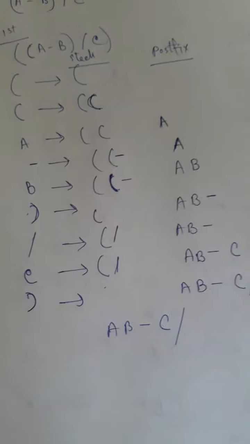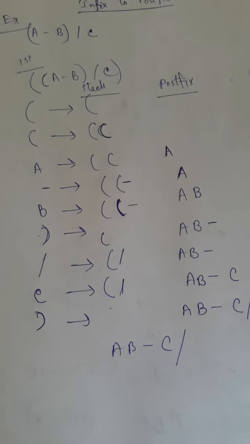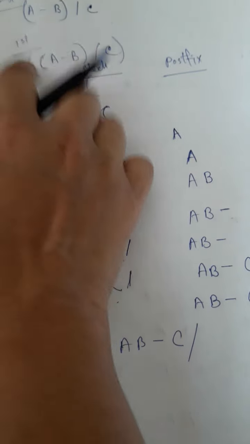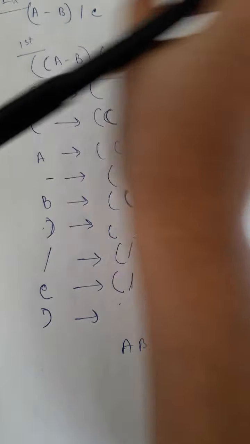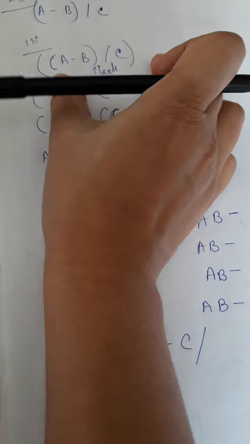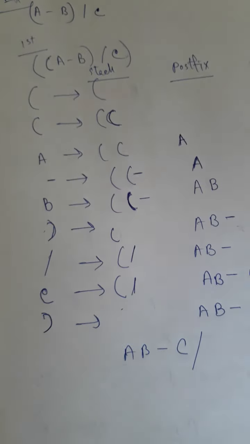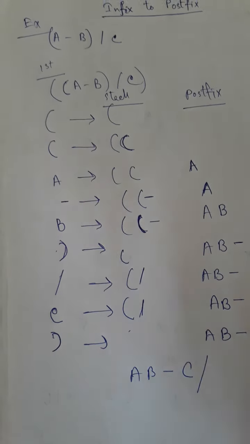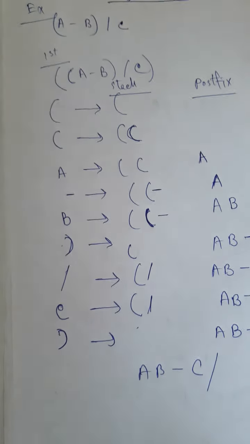Okay. So just keep one thing in your mind. First we have to put the starting bracket and closing bracket, whether there is any bracket or not. This is the first step. Next we have to check whether the input element is an operator or operand.